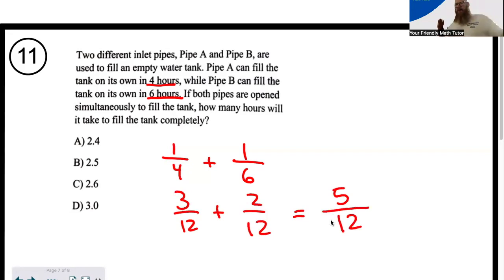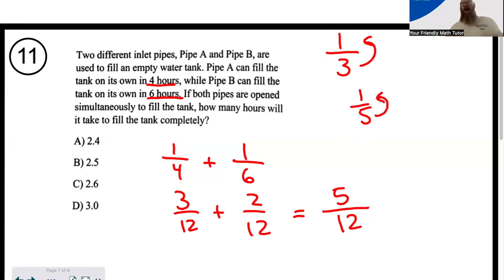Now, I want to change this. Let's pretend, just to make up something, that it was 1/3 full after the first hour. I think we could all see that means it would take 3 hours to fill it up. Or if it were 1/5 full after the first hour, it would take 5 hours to fill it up, right? It's pretty easy to imagine when the numerator is 1, but all we're really doing is taking the reciprocal.